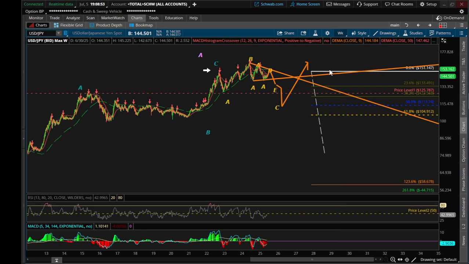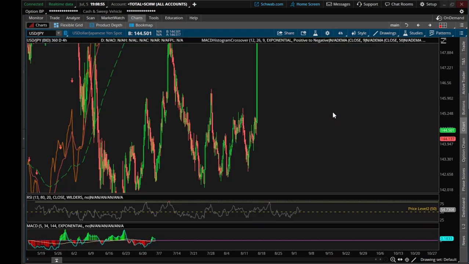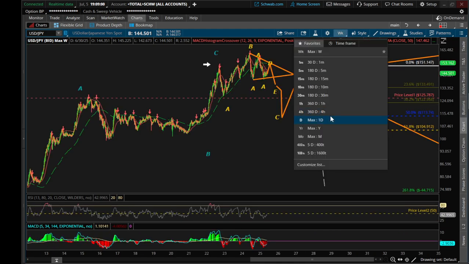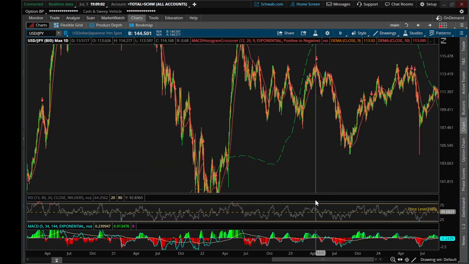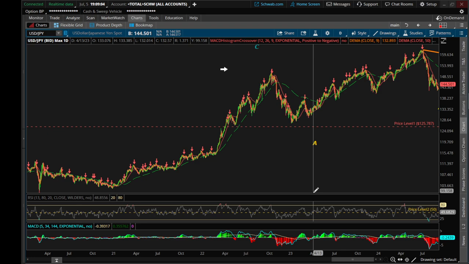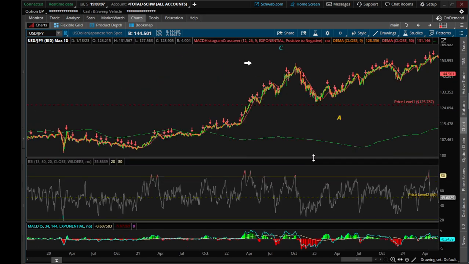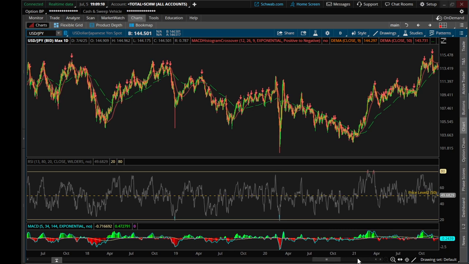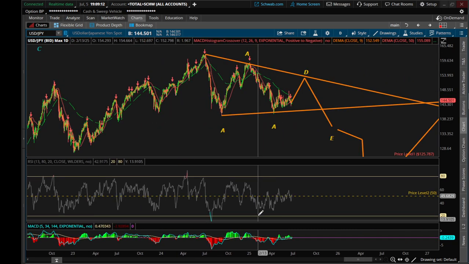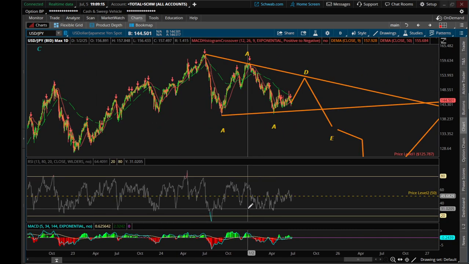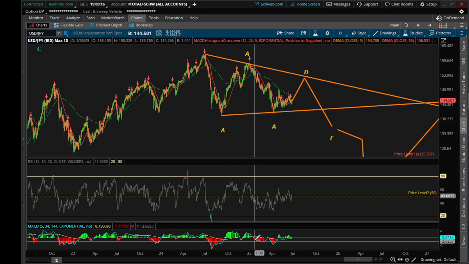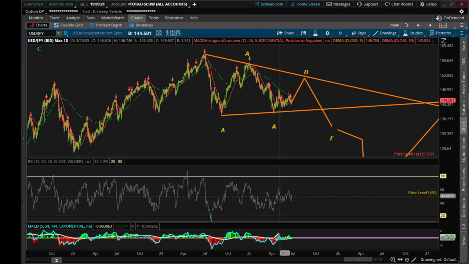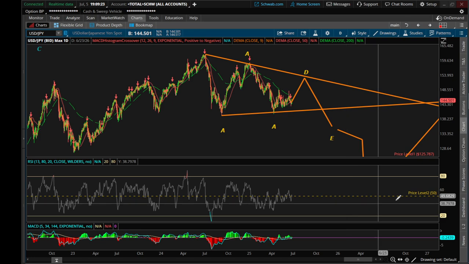Let's put this back on the daily real quick and just hit the indicators. So you can kind of tell how it's tightening up on the MACD and the RSI.